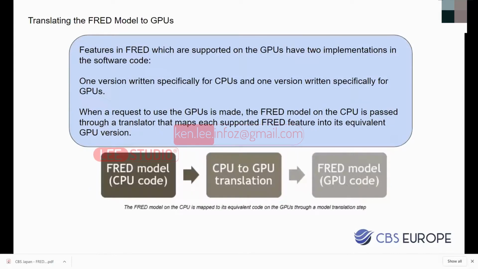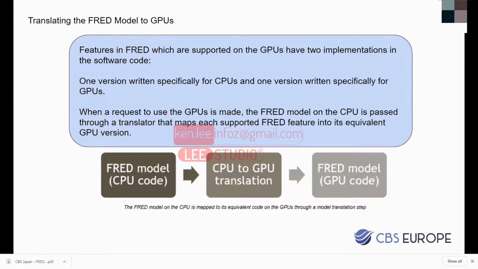So now, inside FREDmpc, there are two versions of the code. Any feature that is supported on the GPUs has been written both in C++ for the CPU version, if you will, and then the GPU version as well, for when we want to run it on the GPUs.